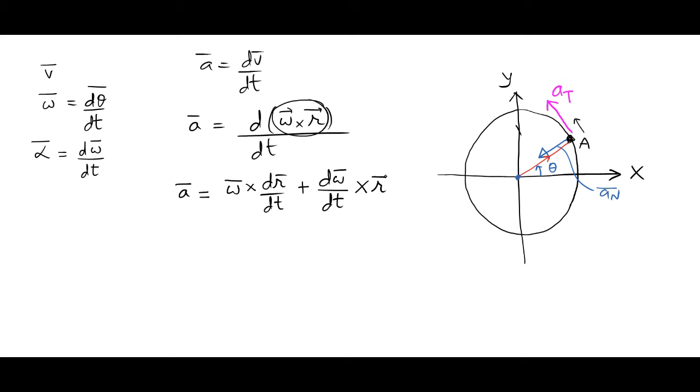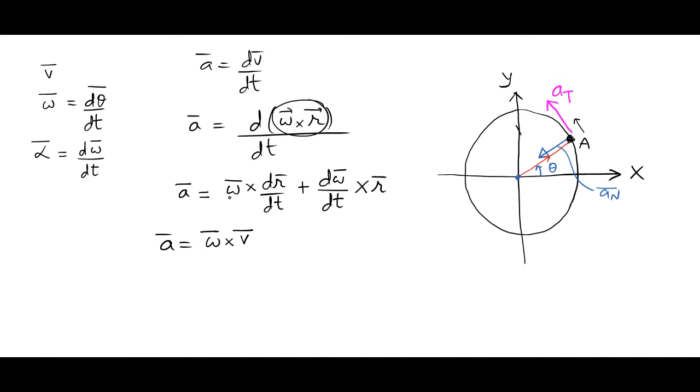You just use the formula for the derivative of a product function. So the acceleration turns out to be, I'll do some simplification now. Omega bar is the same, but dr bar by dt is essentially the linear velocity of the particle. Dr bar by dt is the rate of change of the position vector with respect to time.